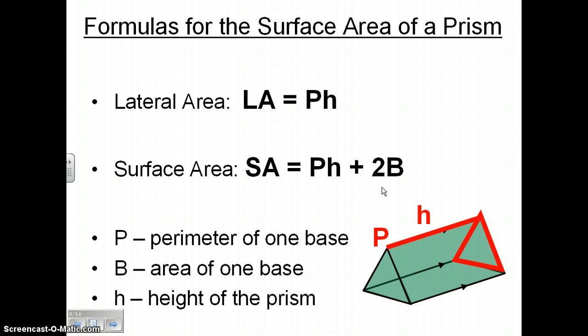Think about other ways you could also find the lateral area of this prism. But to be consistent with all prisms, it's the perimeter of the base times the height of the prism. The total surface area is the lateral area, the perimeter of the base times the height, plus twice the area of each base.